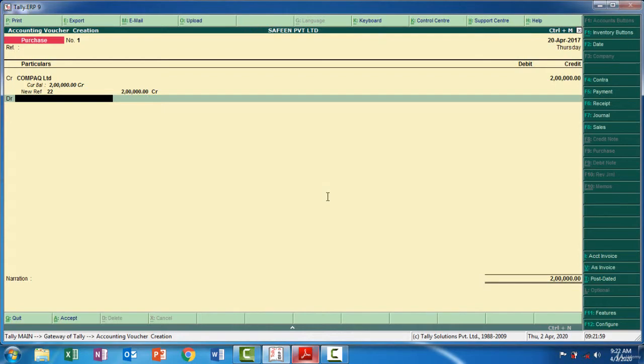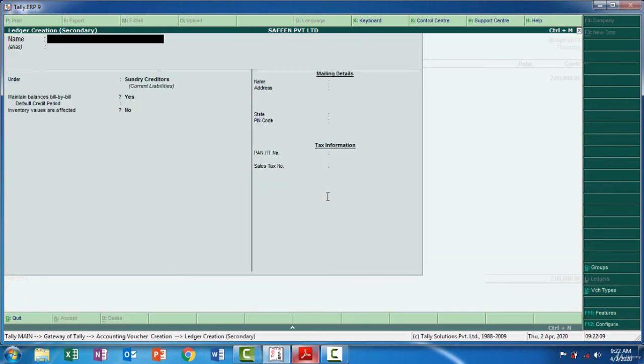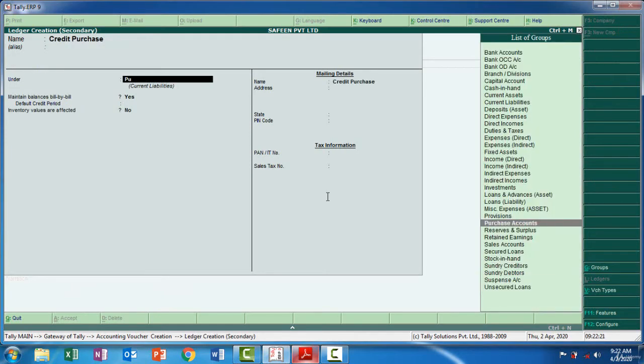Credit purchase account. There is no credit purchase account, so I'm going to create the credit purchase account. Alt plus C. If you press it, the ledger creation comes, so I'm going to type here credit purchase. It is coming under the purchase account.